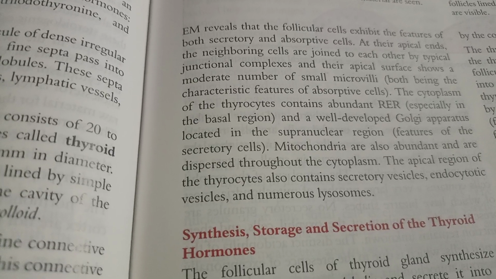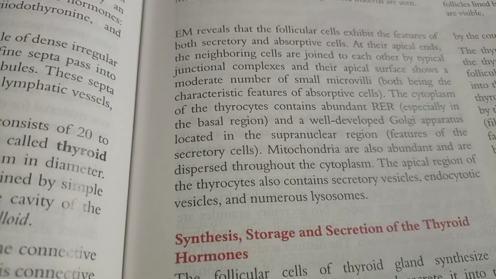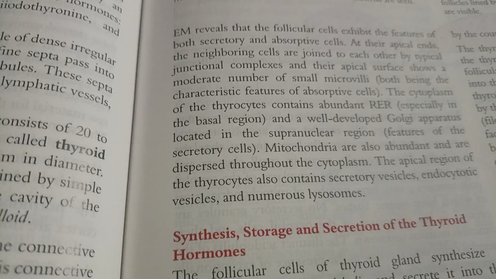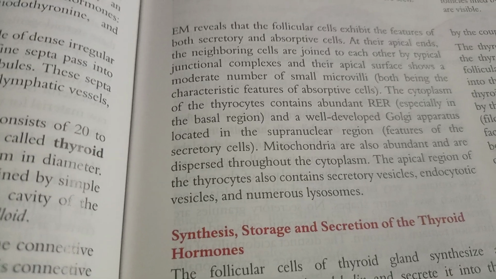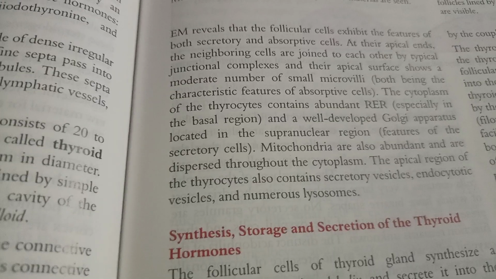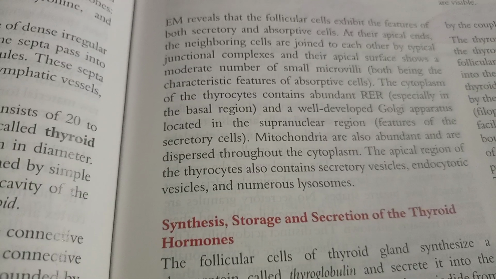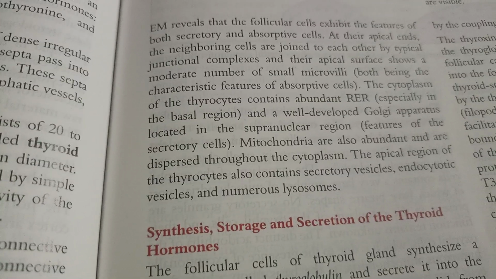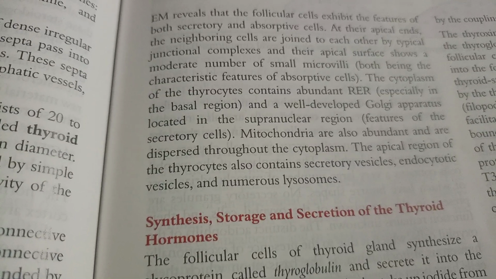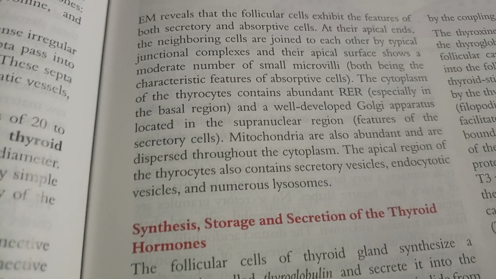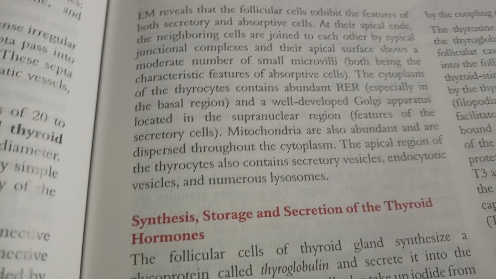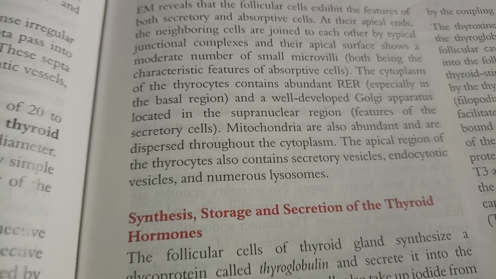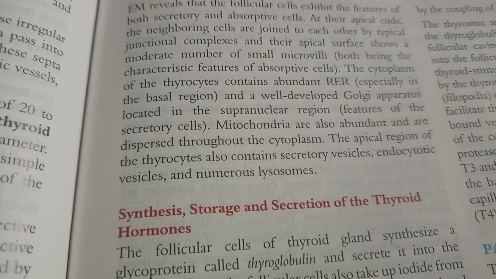The cytoplasm of the thyrocyte contains abundant RER, especially in the basal region, and a well-developed Golgi apparatus located in the supranuclear region, features of secretory cells. Mitochondria are also abundant and dispersed throughout the cytoplasm. The apical region of the thyrocyte also contains secretory vesicles, endocytic vesicles, and numerous lysosomes.